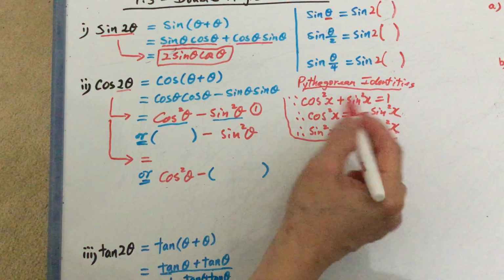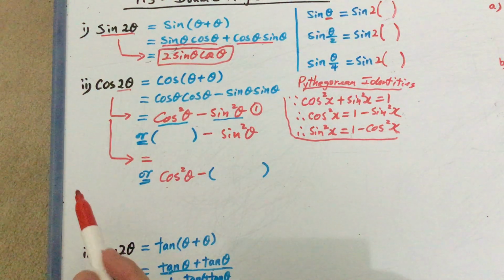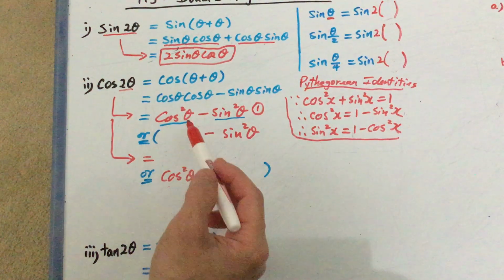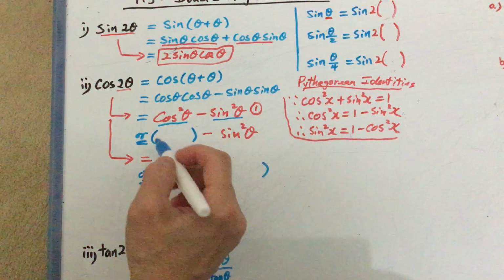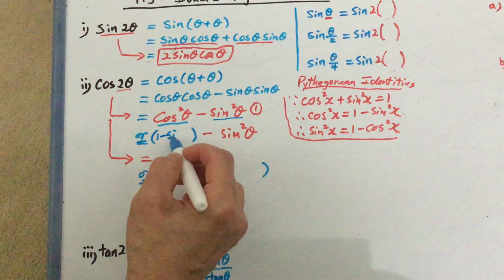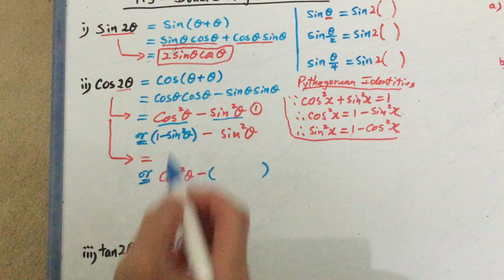Now, based on these definitions, bring it back over here. I can replace the cos squared theta with 1 minus sine squared theta.